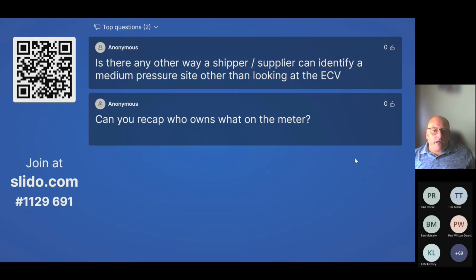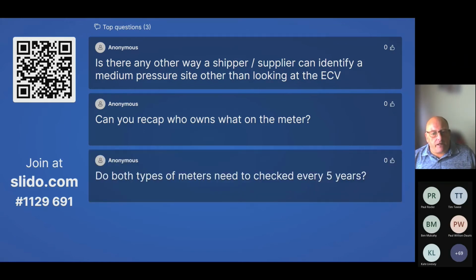Is there another way a shipper supplier can identify a pressure medium site other than looking at the ICB? Yes, there is. So there's various ways that you can do it. You can tell by looking at the regulator, if it's a 2-stage regulator. I think it's a GD1.